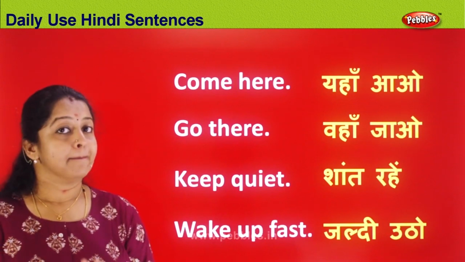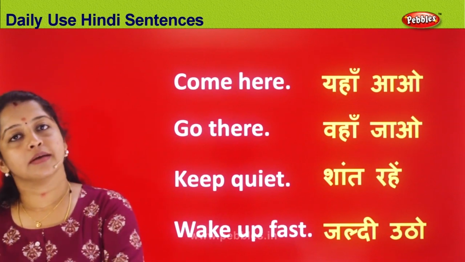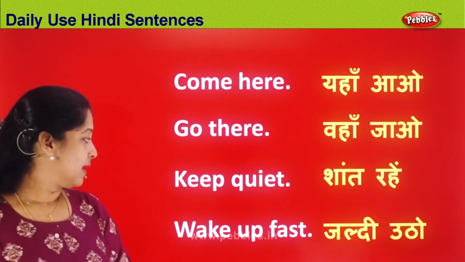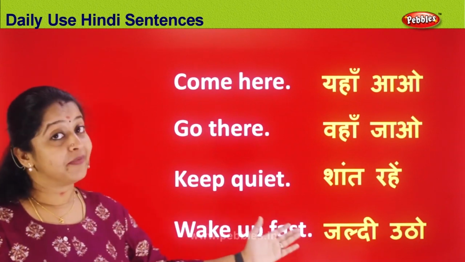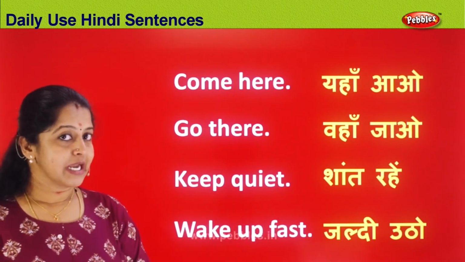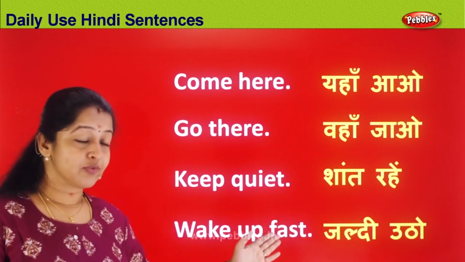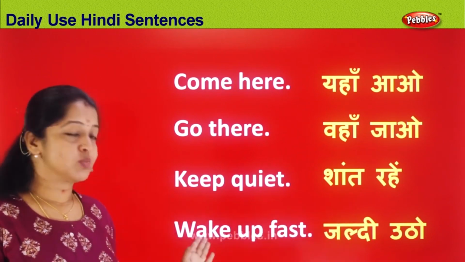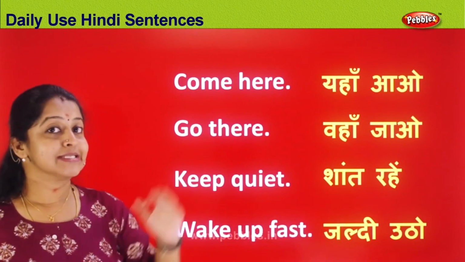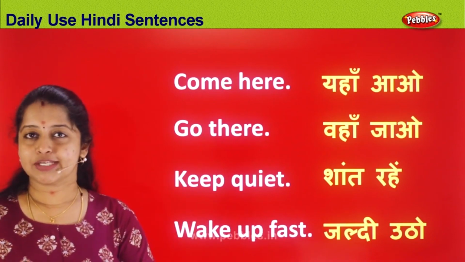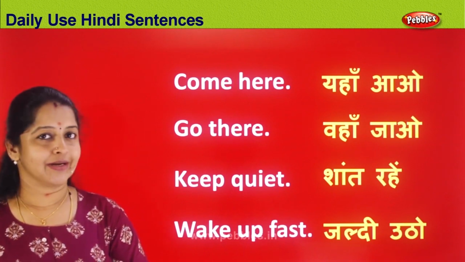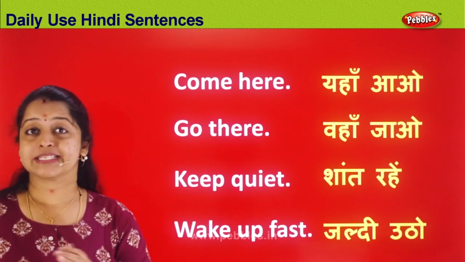All right. And the last one, wake up fast. So wake up fast can be said as jaldi utho. Jaldi stands for fast and utho stands for wake up. So I guess these instructions were quite easy to learn and understand, right? So shall we see the next set of words?